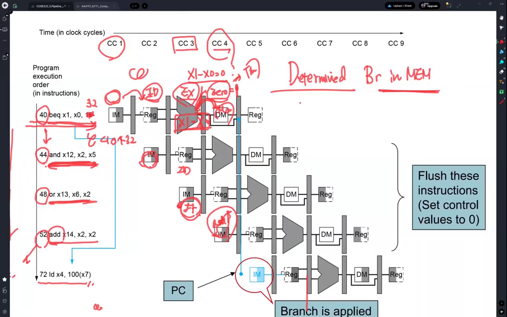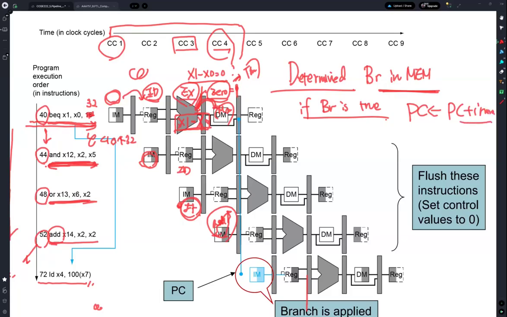If the branch is true, then the branch result is given to the PC, right? So the PC is updated by PC plus, let's say, this immediate offset.